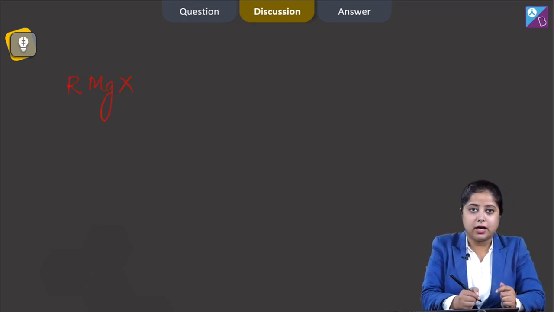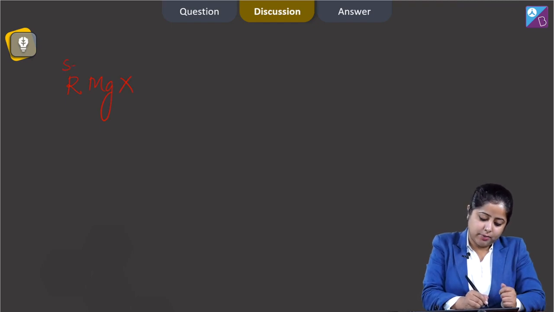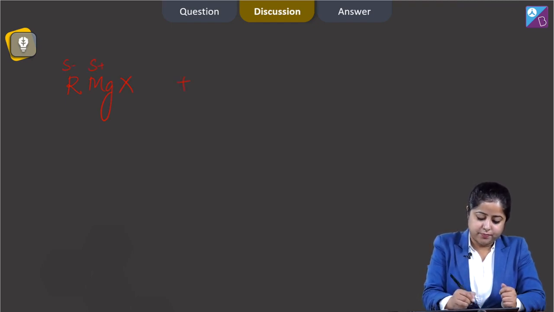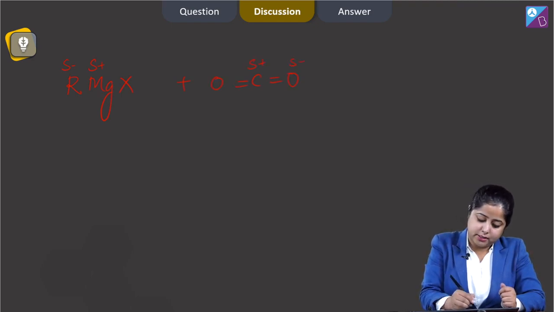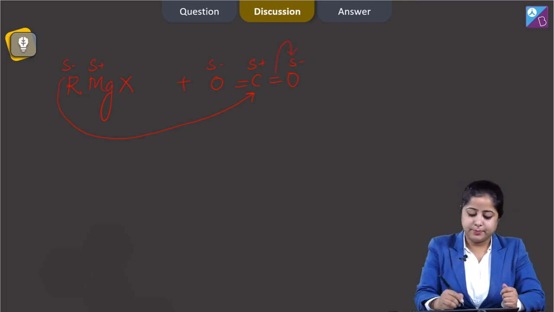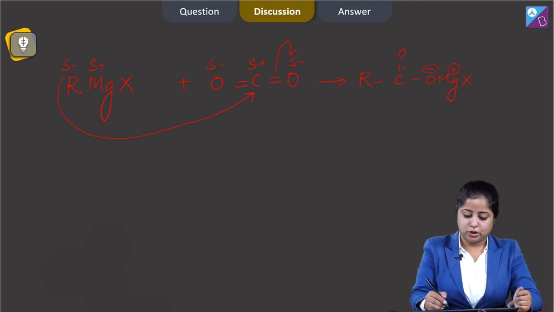So we are given RMgX, that is Grignard reagent. Here R has delta minus, magnesium has delta positive. This reacts with CO2, that is carbon dioxide. Here it is delta plus, delta minus, delta minus. This R will attack on the carbonyl carbon. As a result, this pi bond will shift towards oxygen and the compound formed will be R, C double bond O, O minus, Mg+X.